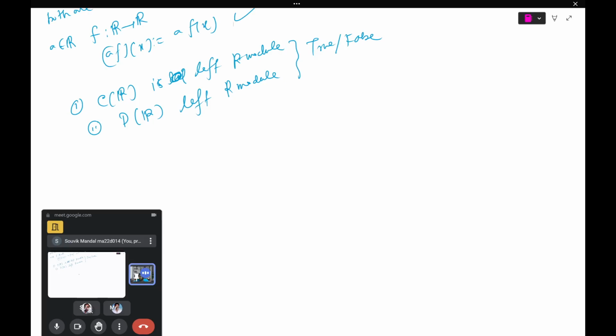Vector addition, scalar multiplication for a module. Yes. So you need to check certain conditions, right?